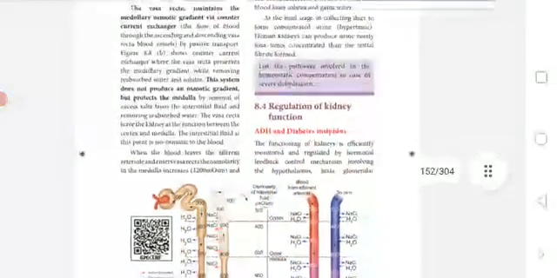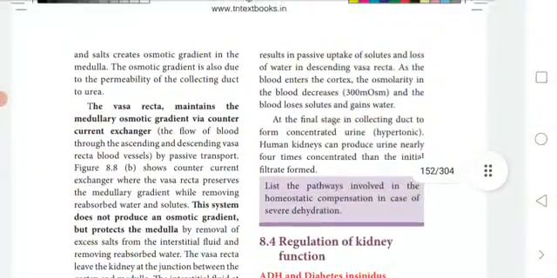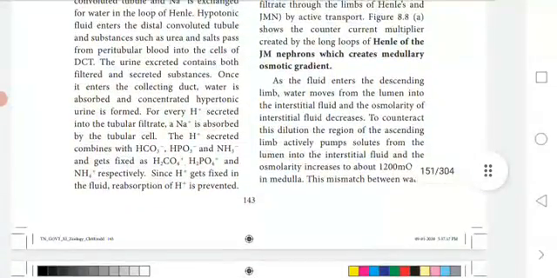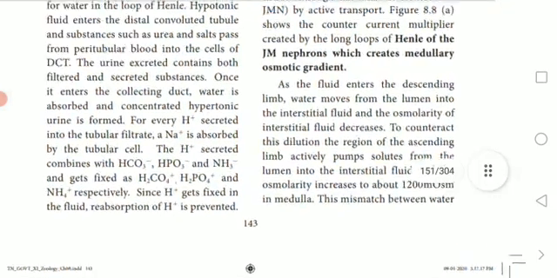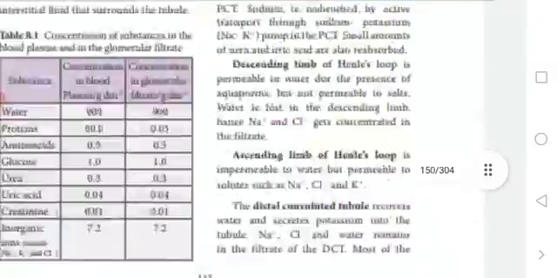The formation of concentrated urine is accomplished by the kidney using the countercurrent mechanism. If they ask you one word, just take it out and underline it. The major function of the loop of Henle is to concentrate sodium and chloride. There is a low osmolarity near the cortex and high osmolarity towards the medulla.